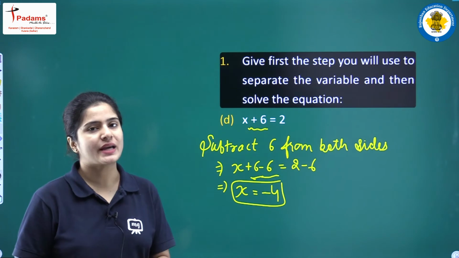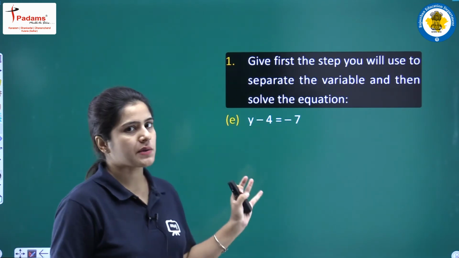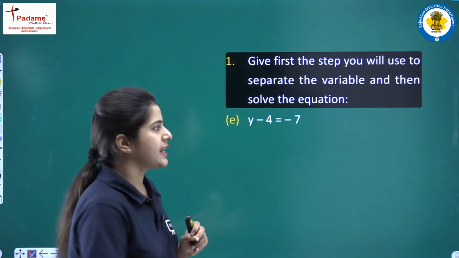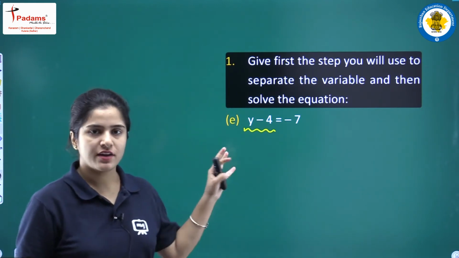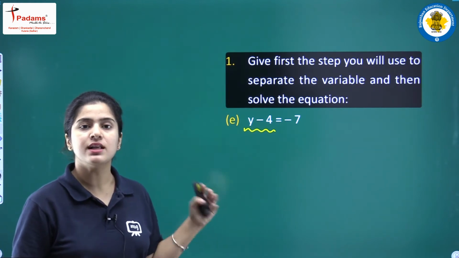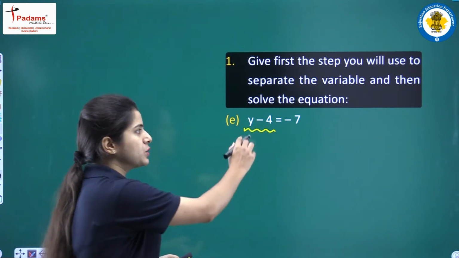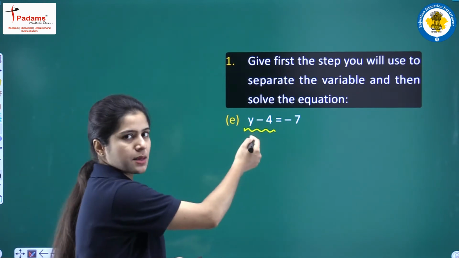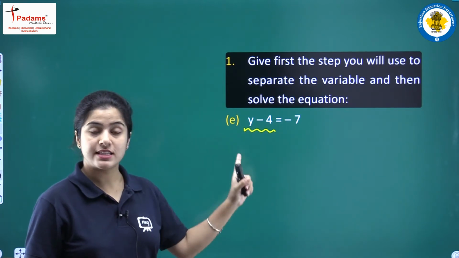Now students, looking at another question, y minus 4 is equal to minus 7. Here 4 is in subtraction with the variable. So to eliminate this 4, what will we do? We'll do the opposite operation. This is subtraction, so we'll do the addition of the same number, that is 4.